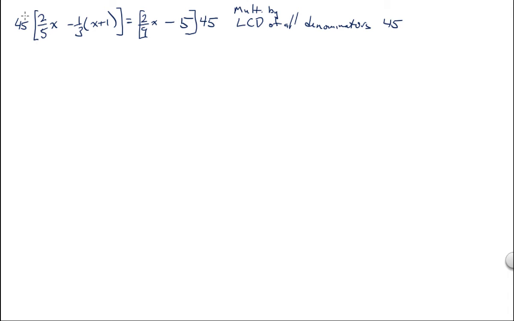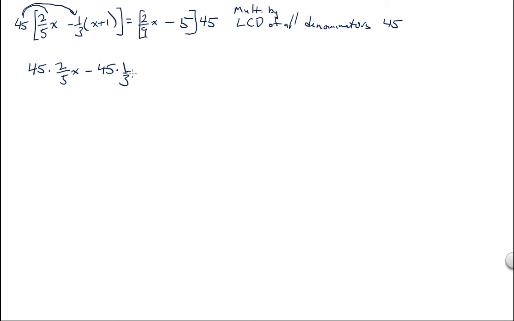But this 45 has to distribute to this term and to this term. Now remember, this whole thing here is a term. We'll do that distribution into the x plus 1 later. But for now, we're going to distribute into both of those terms on this left side here. So this is 45 times 2/5 x, minus 45 times 1/3 times x plus 1.